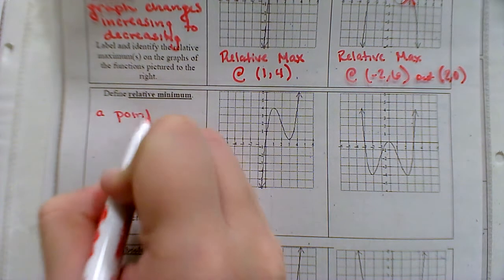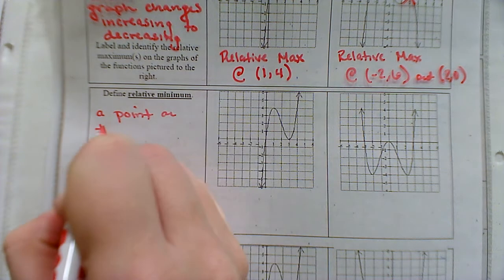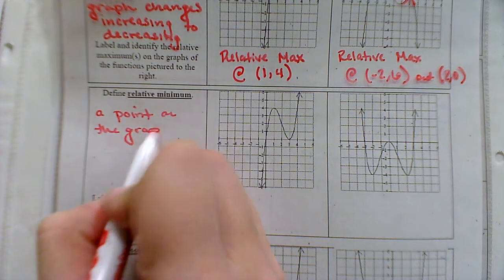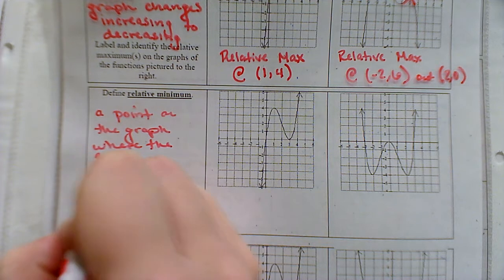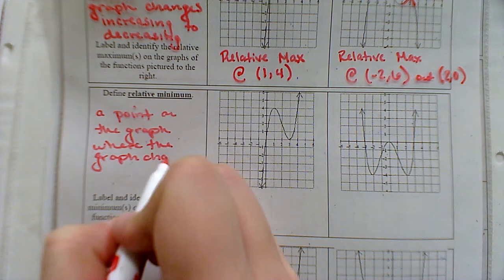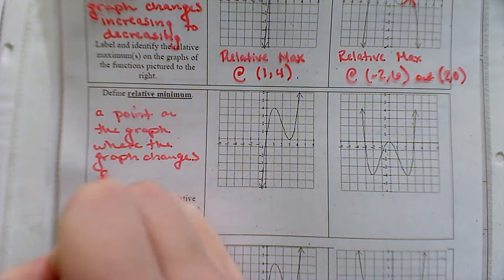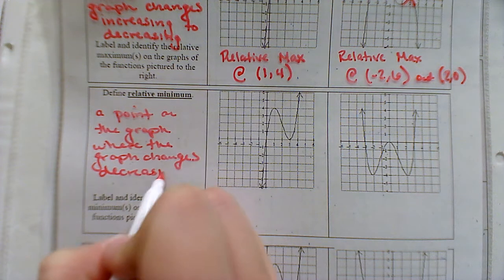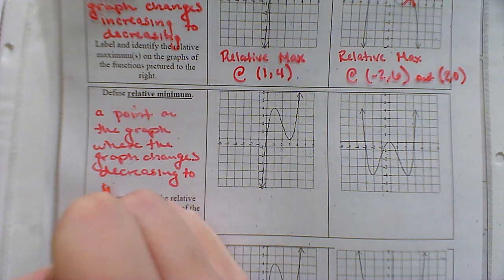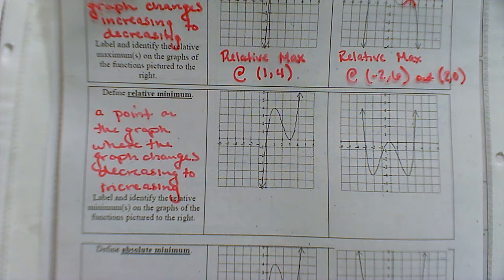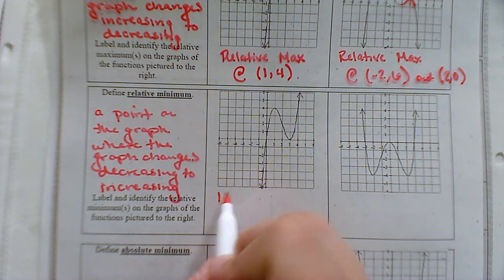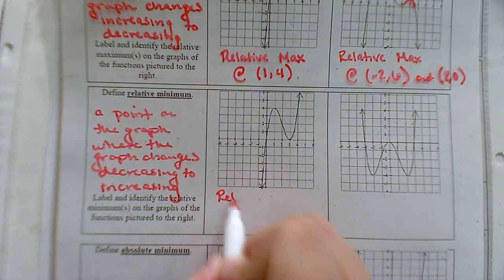So formally, a minimum is a point on the graph where the graph changes from decreasing to increasing. All right, so go ahead and trace it left to right. Where does your graph change from going down to going up?